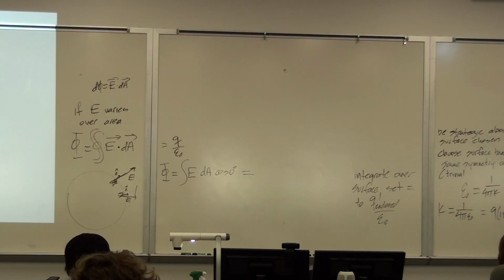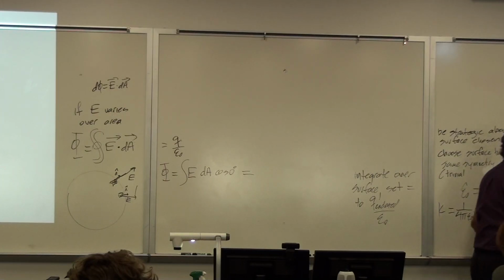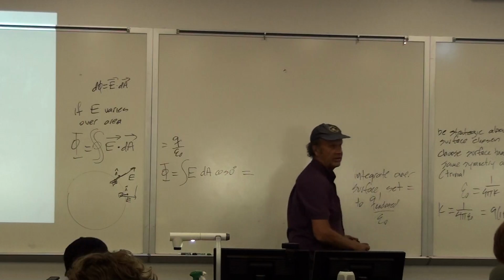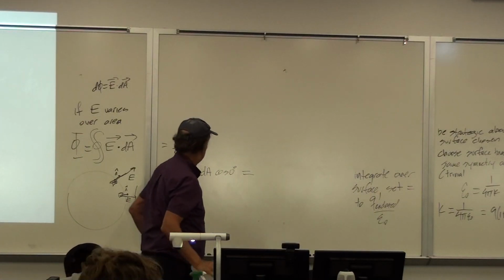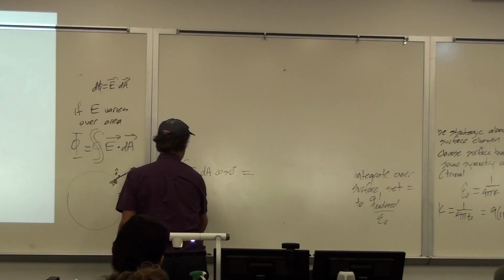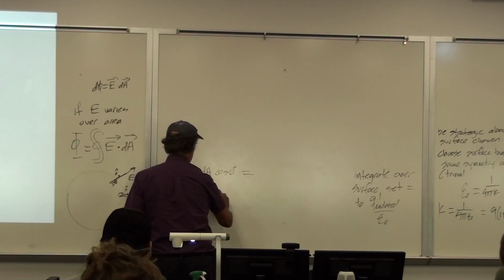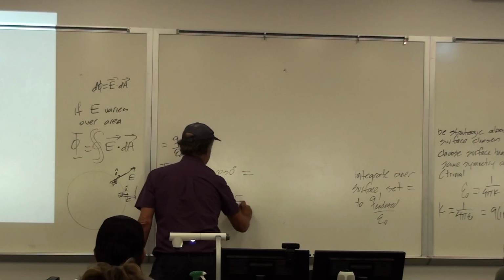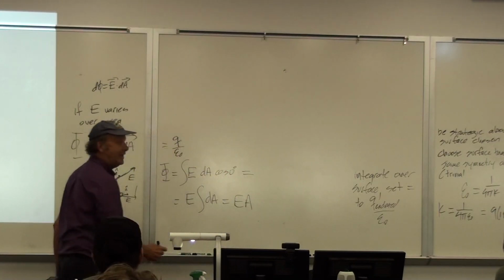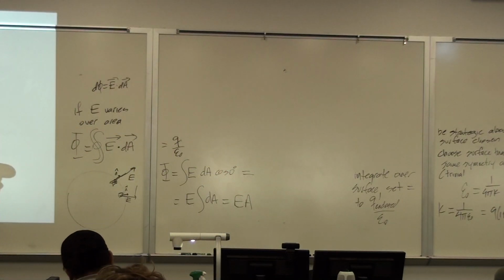So this little dA, this little dA, they all have the normals pointed in the same direction as the electric field. Right? So then you can just pull the constant outside of the integral. This is just E times the integral of dA, and that's just E times A. There we go. It's as simple as that.